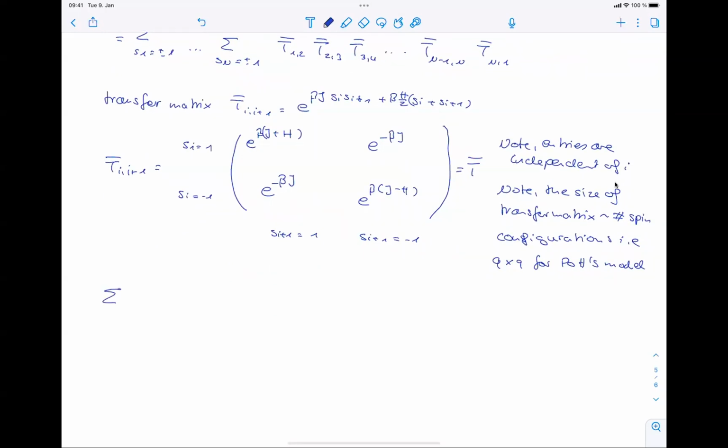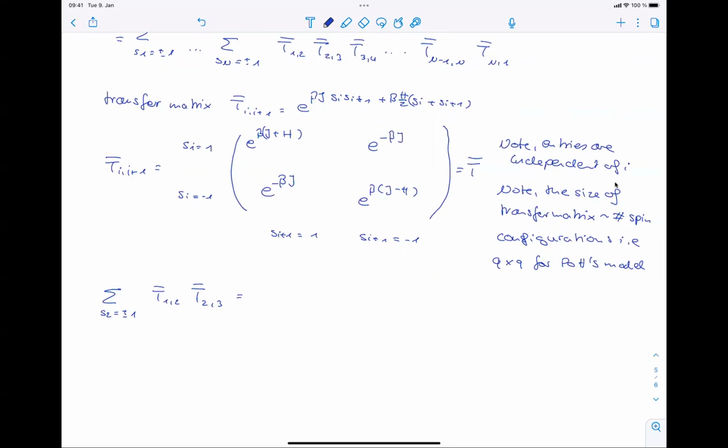So for example, if I now have S2 equal plus minus 1, I have to consider T12 times T23, which we know is actually the same as, sorry, since we're multiplying them both, what we arrive at is that this summation is actually the way of writing down our matrix multiplication.